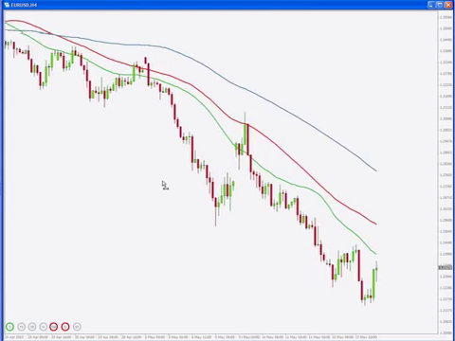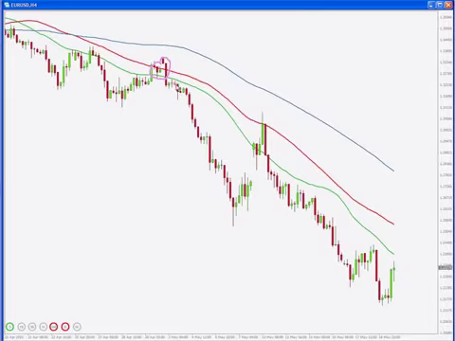All right. Let me zoom out. Let's imagine we take this swing there. The entry would be right there, as this candle closes, since it's the first candle up on the bounce to close below the 30 simple moving average. Right there is where we would click on our sell button. Stop loss either there or again just above the 50 simple moving average.